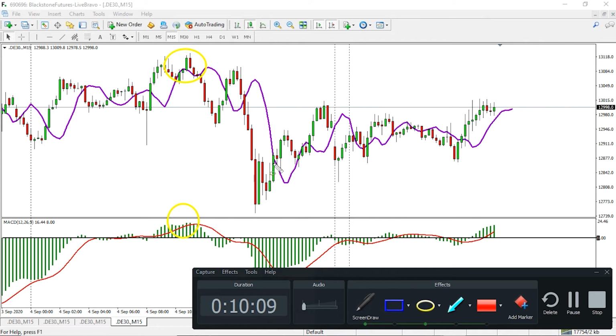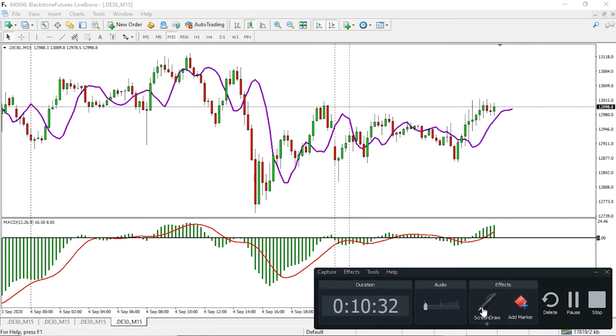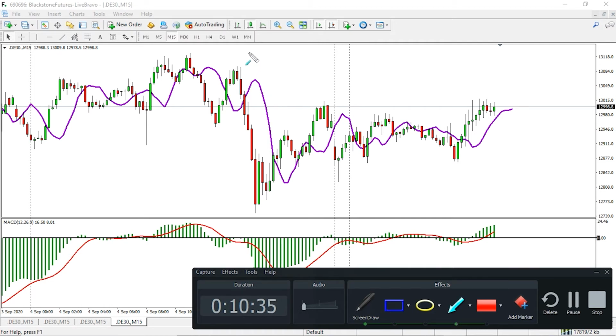The entry that we are going to use for a short is when the candle closes inside the moving average. We want price, which is illustrated by the candle, to close inside this moving average. Where do we get that entry? At the close of this candle, that would illustrate my entry. Immediately when the candle closes, we can then open our short trade on the very next open candle.